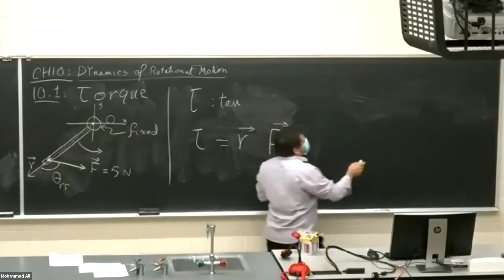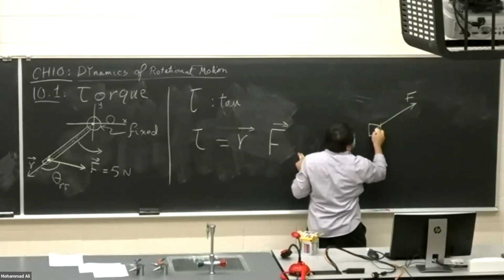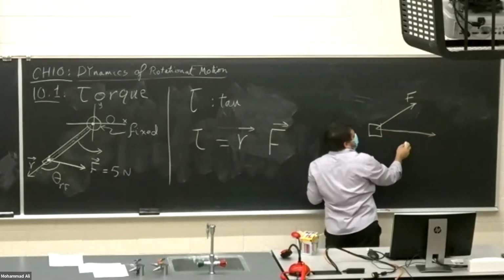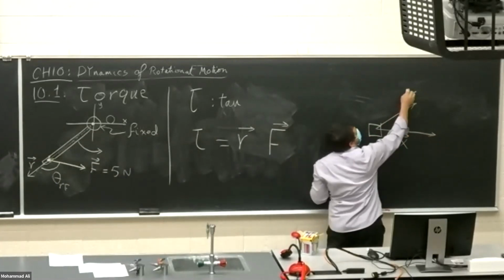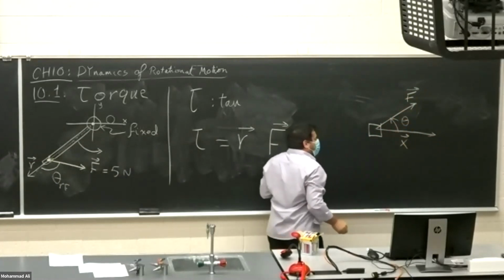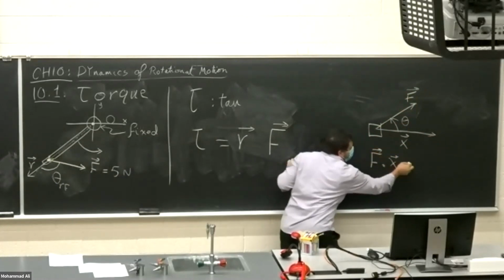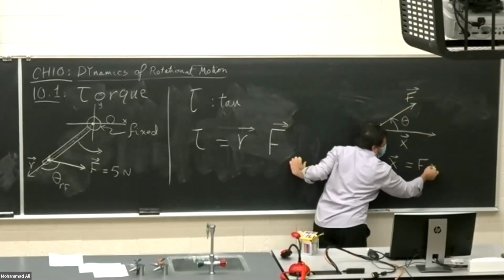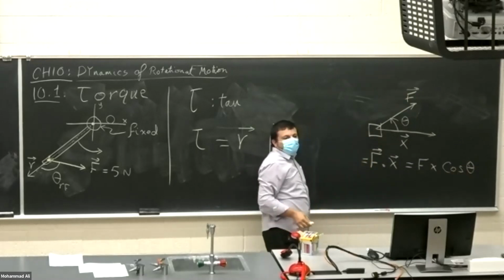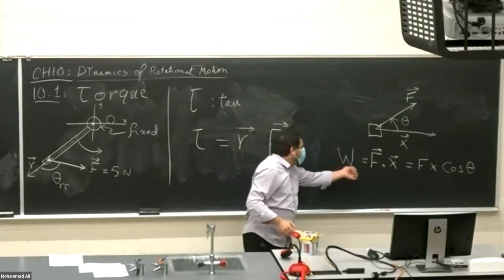I'll remind you of this formula. This is a mass, this is a force, and this mass will move in this direction. Distance x is a vector, the force is a vector, and the angle between them is theta. What if I take F dot x as vectors? It will give me F x cosine theta. What is this quantity? Yes, it is the work. What are the units of work?